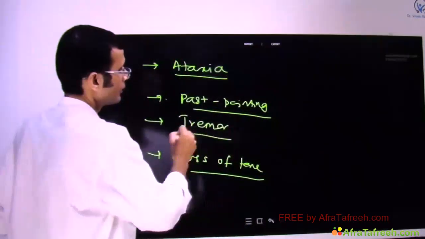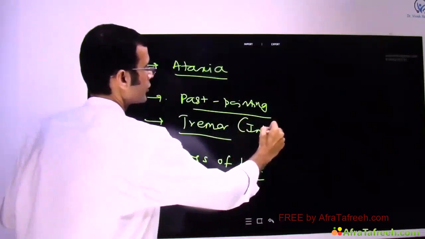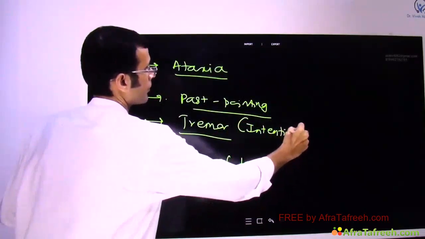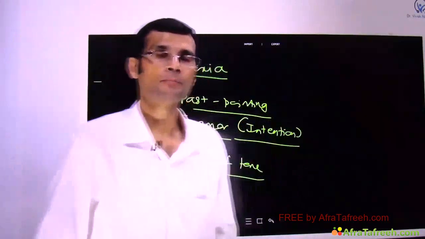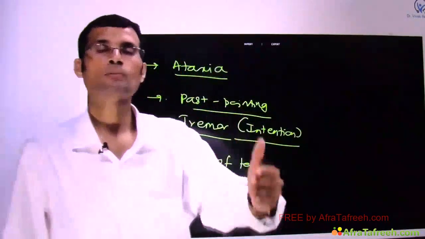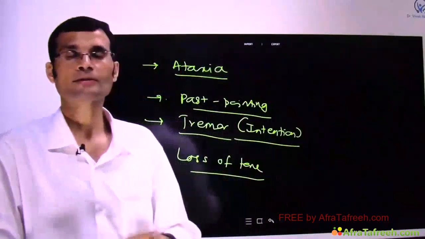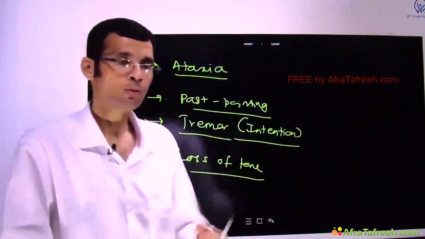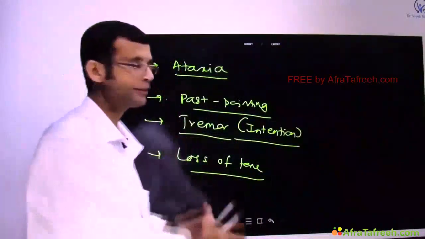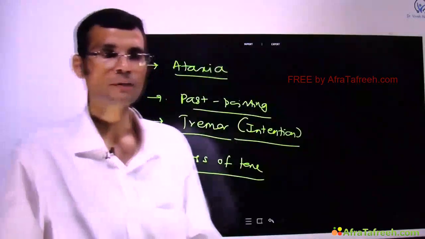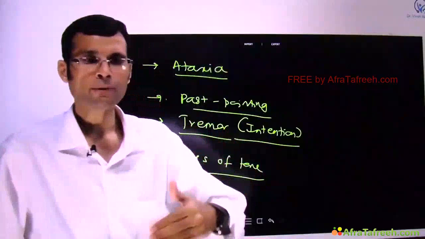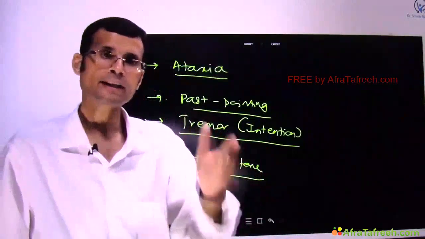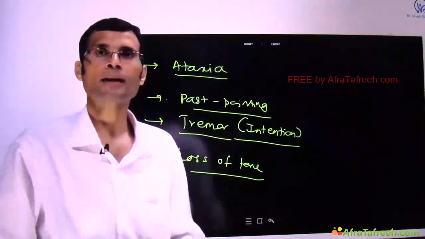Cerebellar tremor is called intention tremor. At rest, there is no tremor, but when you intend to make a movement, then there will be tremulousness, because now, due to the lesion of the cerebellum, it's not able to control the agonist and antagonist in a very, very precise manner.